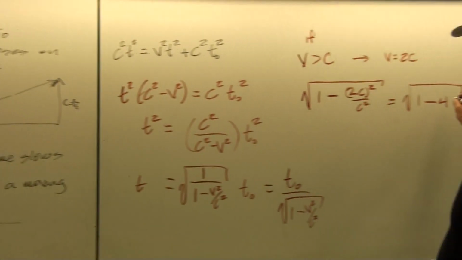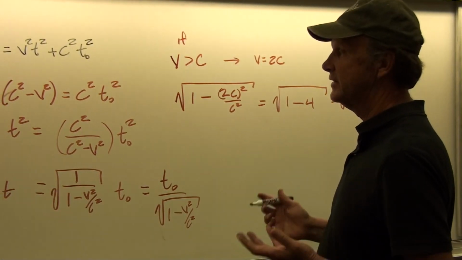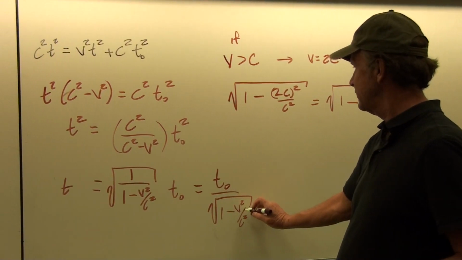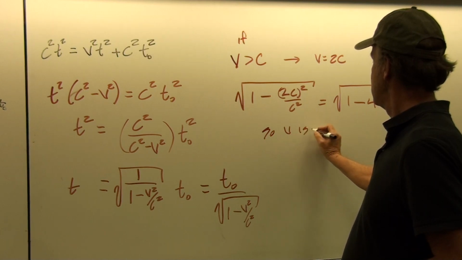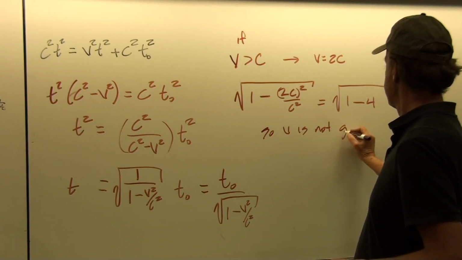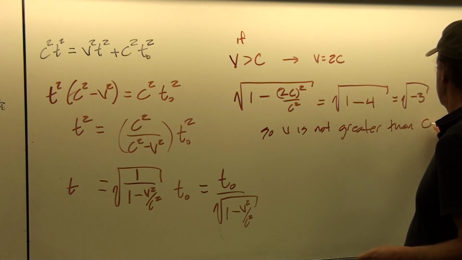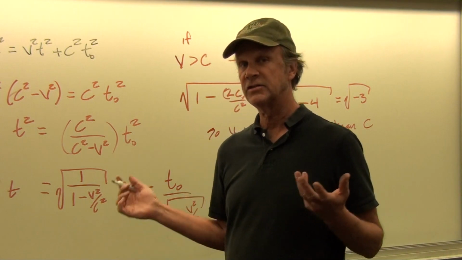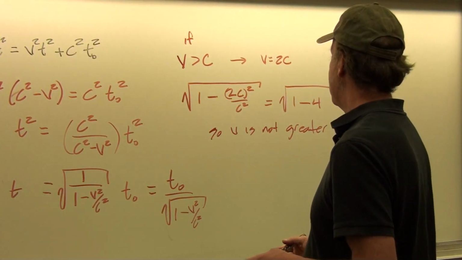Over here, we can't have the square root of a negative number describe something that's physically real. And so that shows us that v can't be greater than c. Now, I'll give you a more physical argument for this later, but this mathematical argument will be good enough for now.